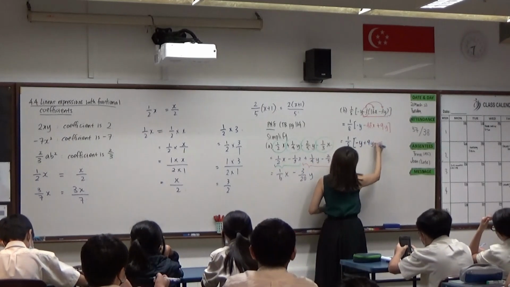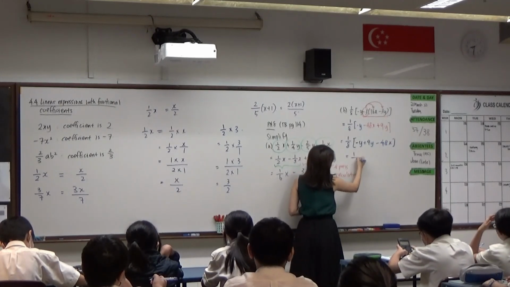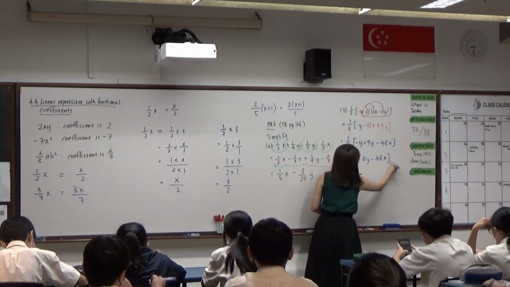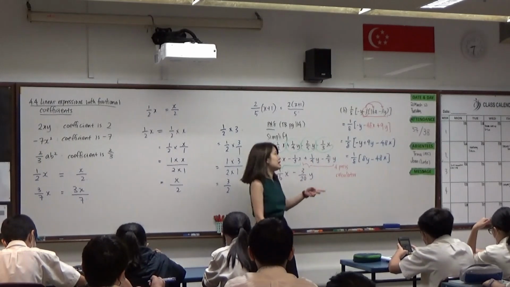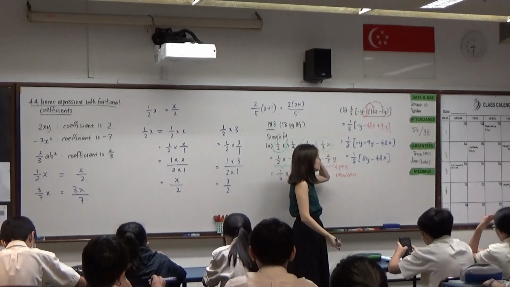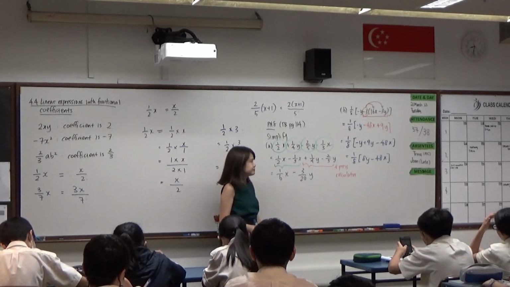Let me write it down. The rearrangement looks like this. If you're quick enough, you can definitely go from this step to this step. So we get 1 over 8 times 8y minus 48x.